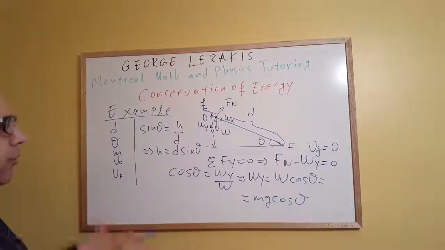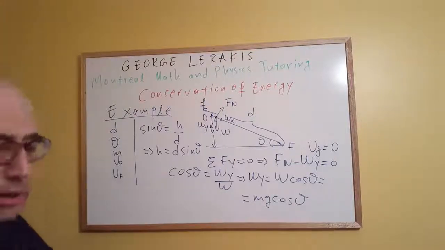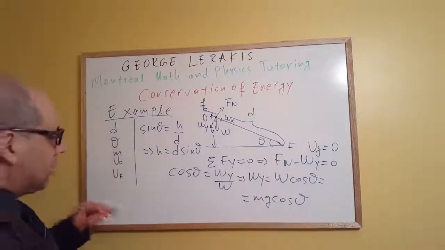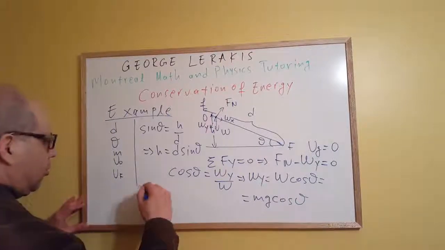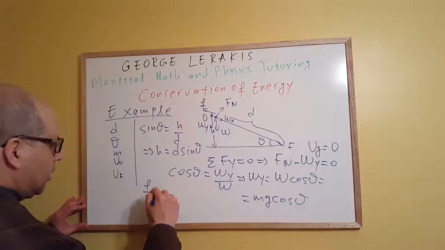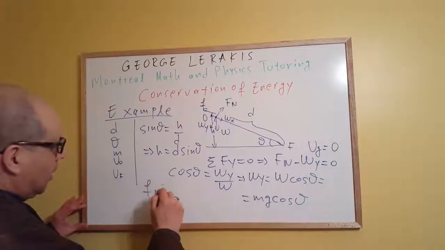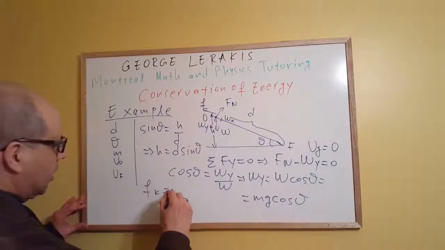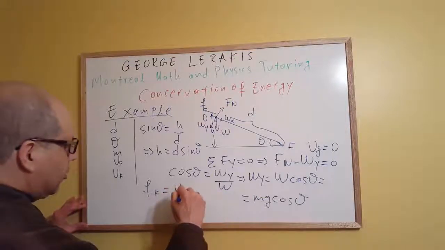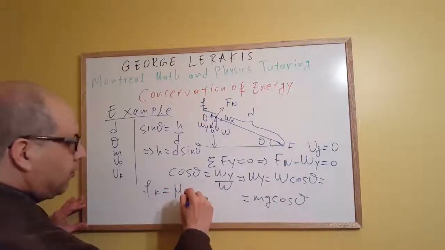Okay, and now we have to find the coefficient of kinetic friction. We know that the force of friction, in this case the kinetic friction, has to be equal to mu k, the coefficient, times the normal force.